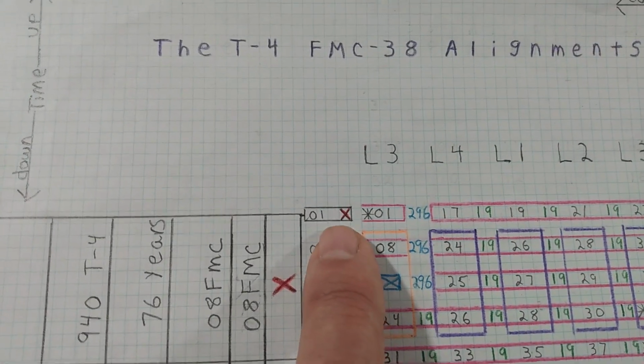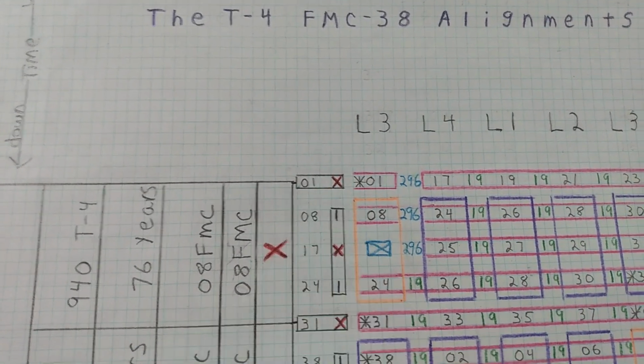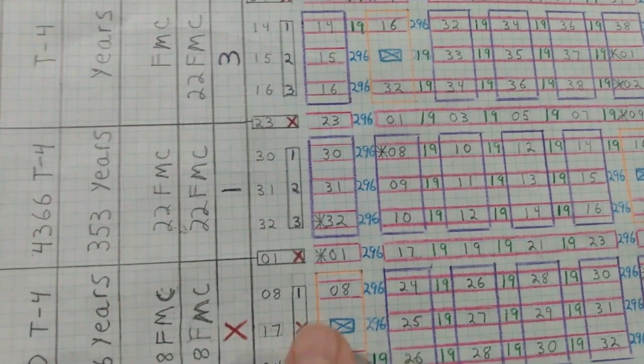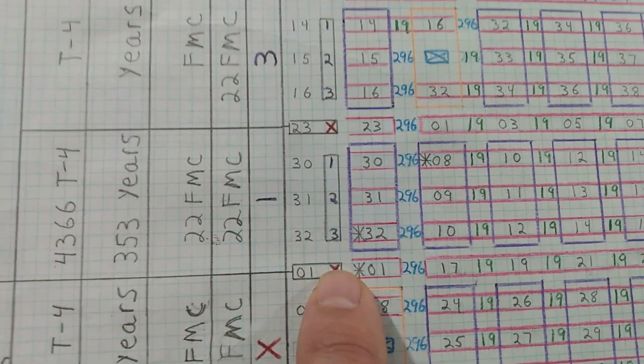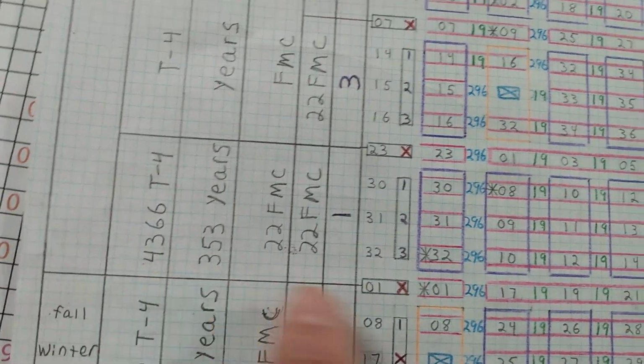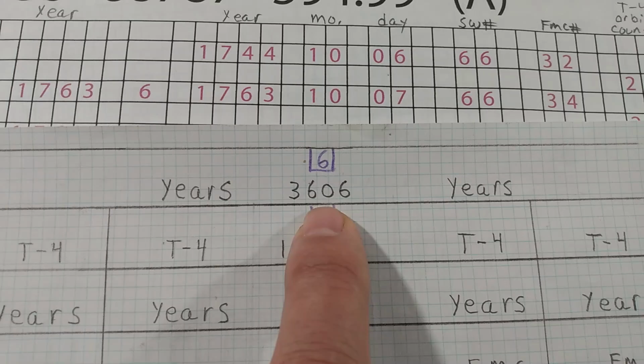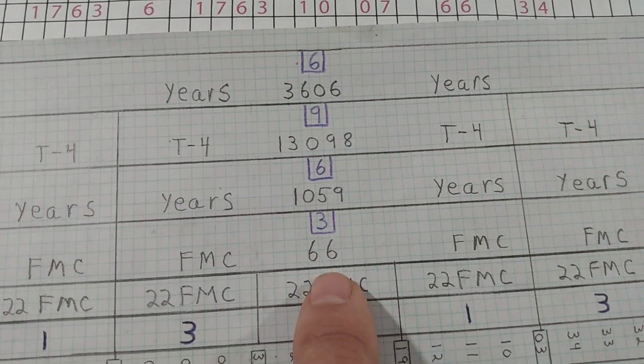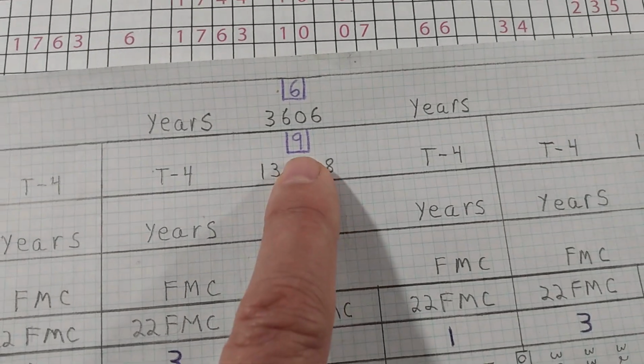So 3606 years from the 01 right here, going all the way through here before this whole pattern recycles again, starts over to the 01 right here. That time duration inside of this now as a block, right, comes to 3,606 years, which is going to be 6. Okay, but right here you have a 3, 6, and 9 pattern inside of here.